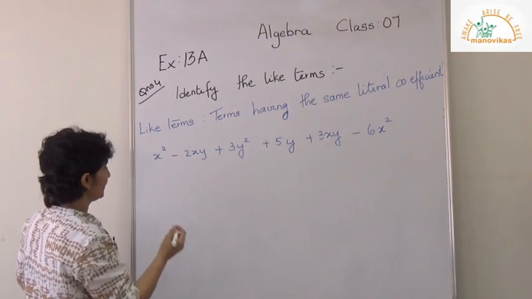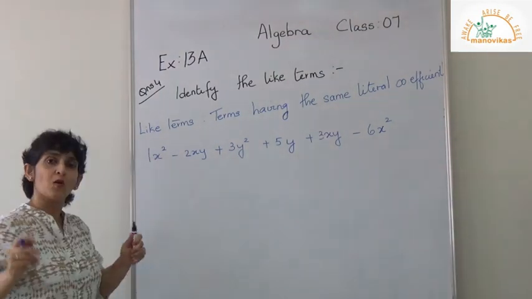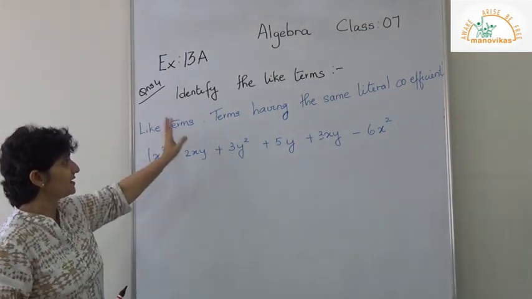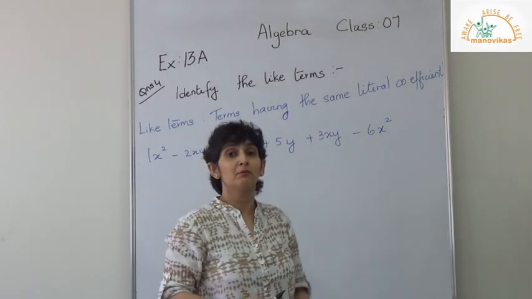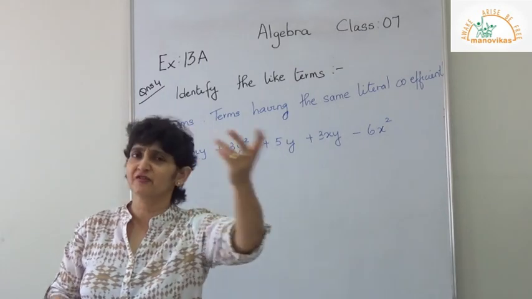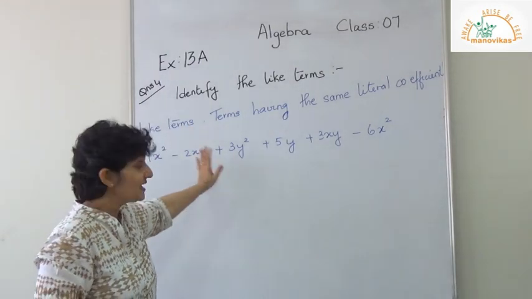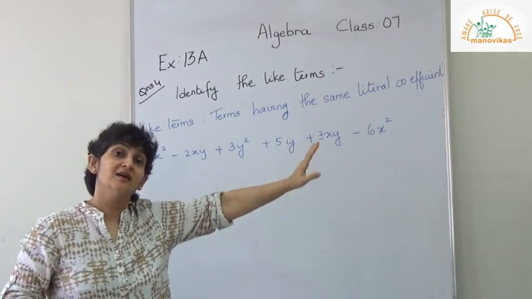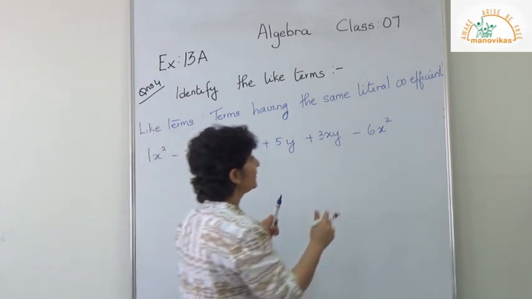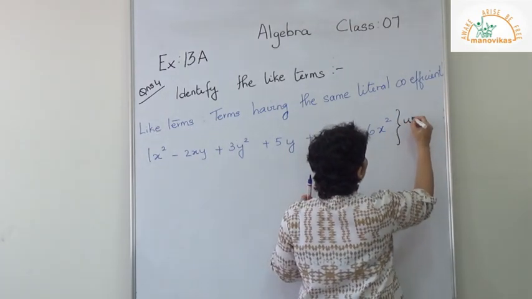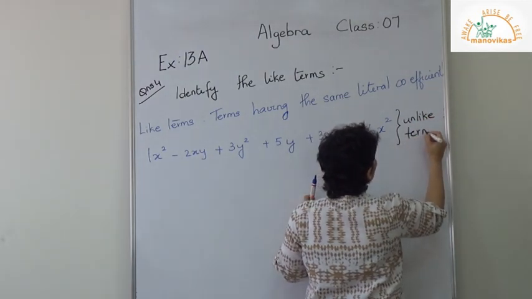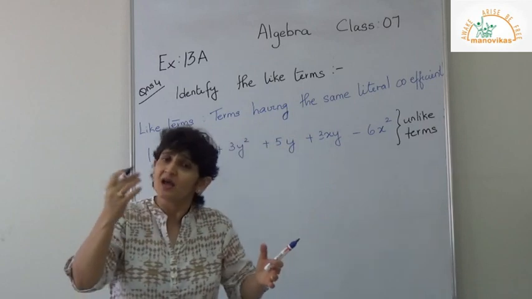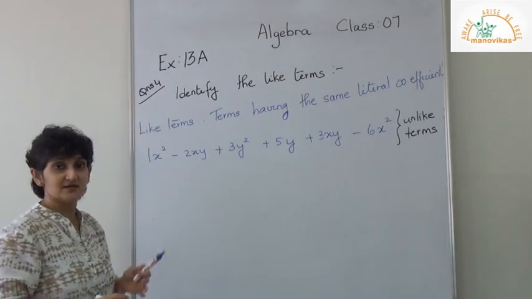Let's take this example: 1x squared minus 2xy plus 3y squared plus 5y plus 3xy minus 6x squared. I have different letters with numbers. Now this, if you see together, these are all unlike terms because I have a mixture of letters in this.